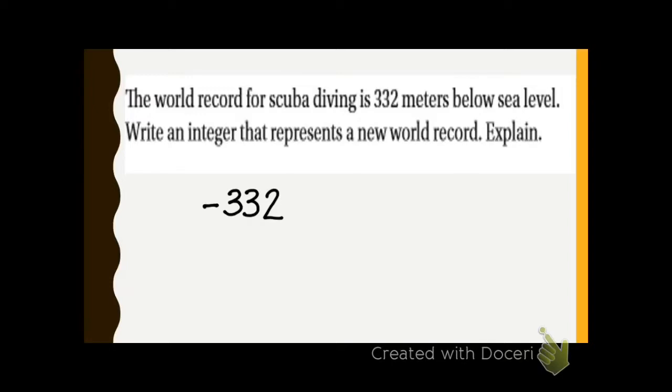You would have to go how far? You would have to go at least to -333 meters, correct? Because you have to go further than the first person went. So anything -333 or lower. It could be -338. It could be -340. So any of those, it had to be a negative number further below than -332.